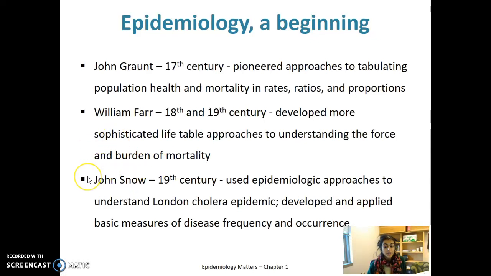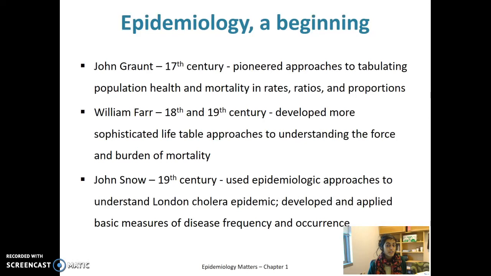John Snow, he might be the most famous of the lot. He was a 19th century physician in London, and he used epidemiologic approaches to understand the cholera epidemic at the Broad Street pump. You might have heard of it before. And so he developed and applied basic measures of disease frequency and occurrence.